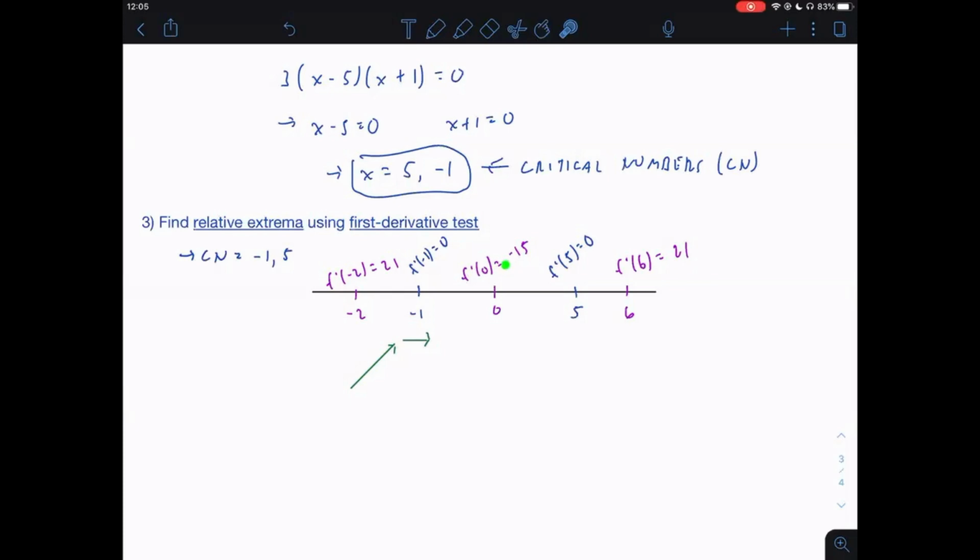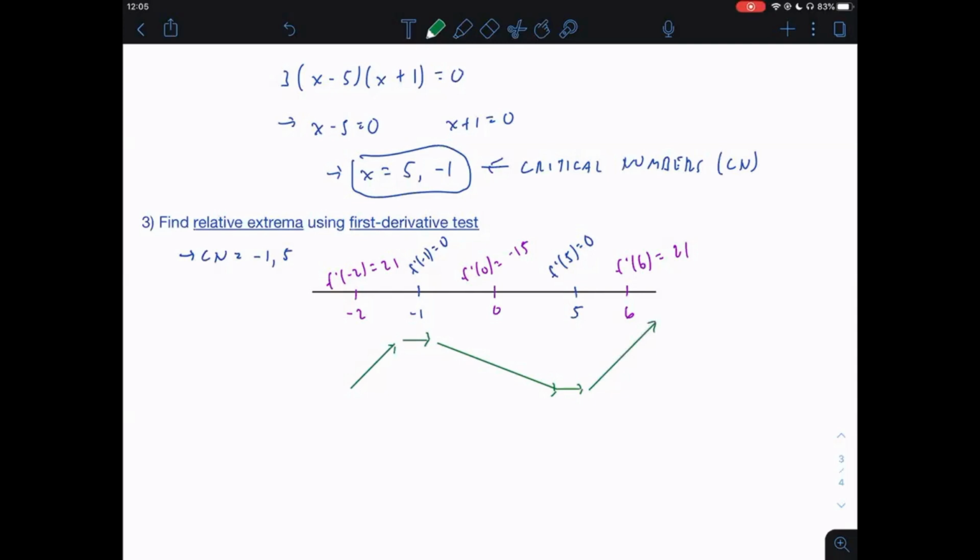That means the slope became negative, indicating our function was starting to decrease until once again it flattened out. And after it flattened out for the second time, since the third test point gives us a positive value, that means after it reached the second critical number, our function started to once again increase.